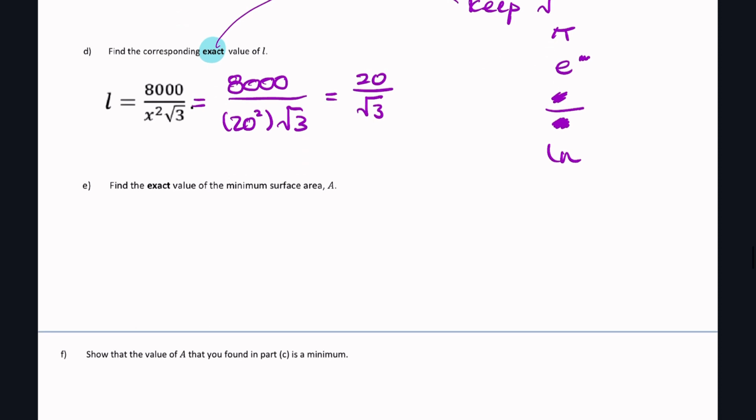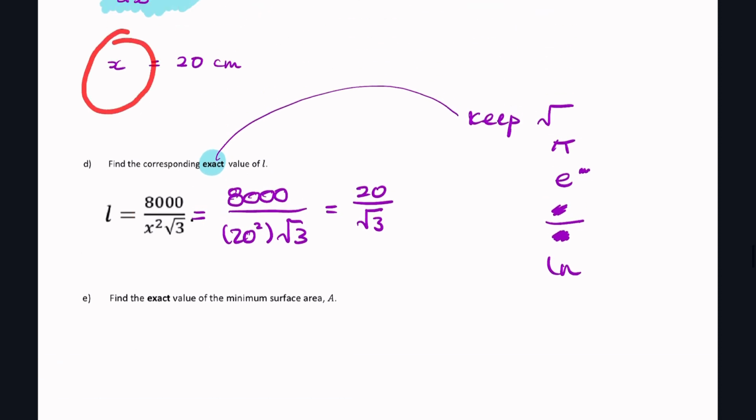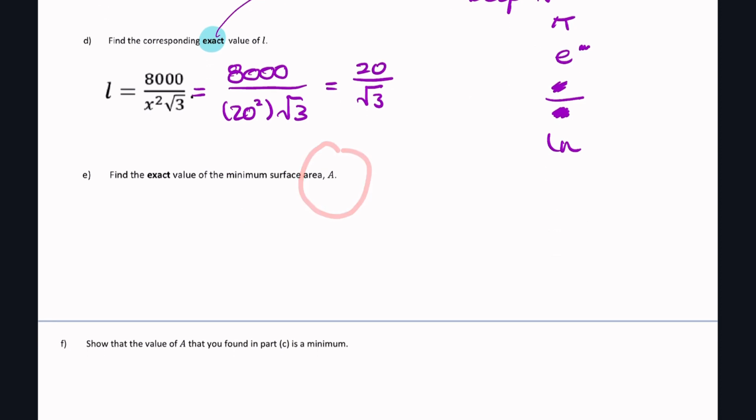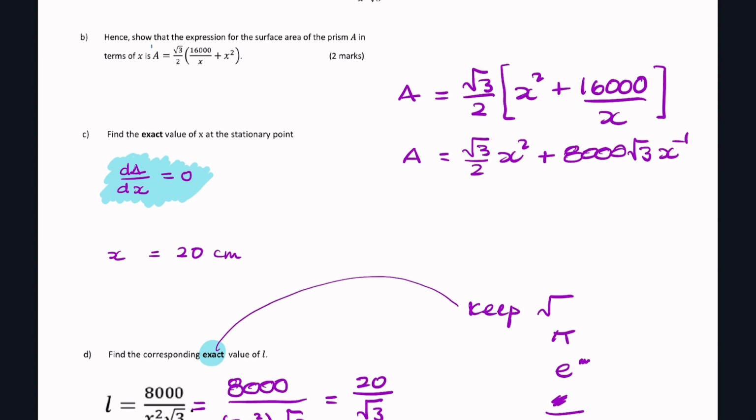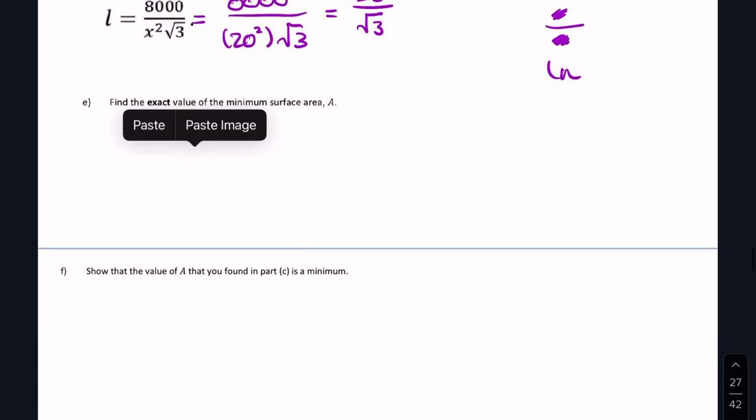The question goes on to say, well, now you know L and you know X, find A. Now we have an expression for A too, so really these are easy marks because you just need to plug in the numbers that you've already found.